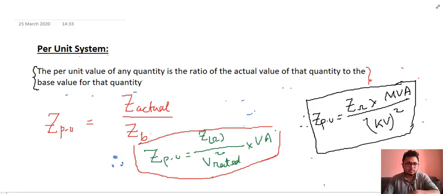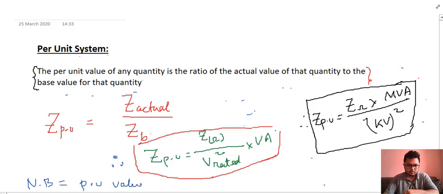One very important note point, NB: the per unit value is defined on per phase only.